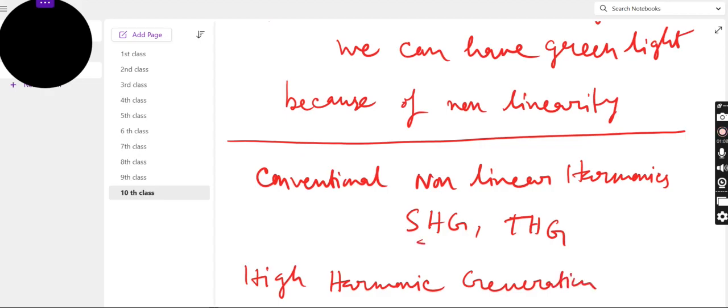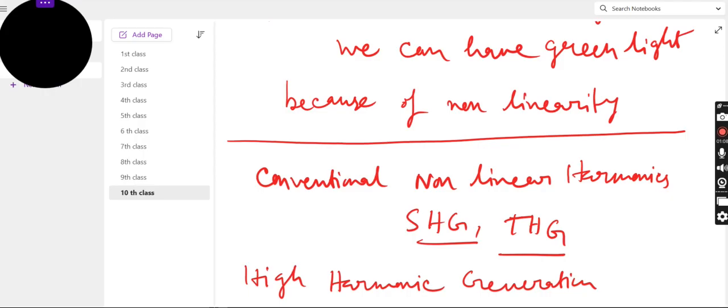You get to know that SHG and THG have a limitation: when you produce second harmonics and third harmonics, the intensity drops. That's how it works. But if we need high harmonics like seventh order, ninth order, and 11th order, we need those at high frequency as well, and with high intensity as well.